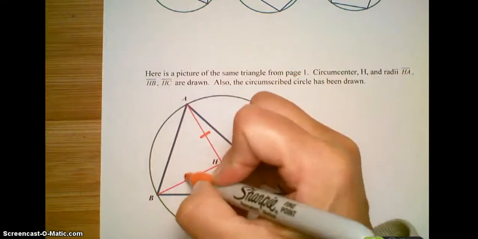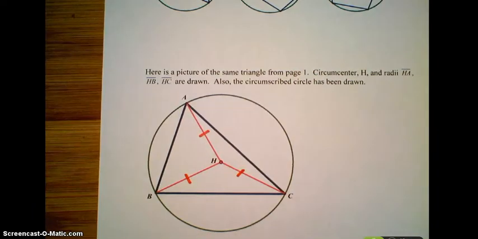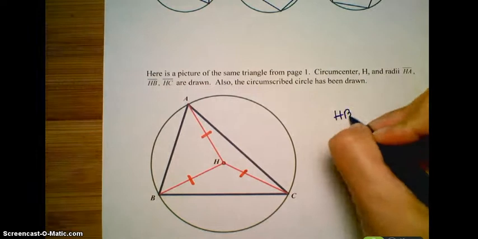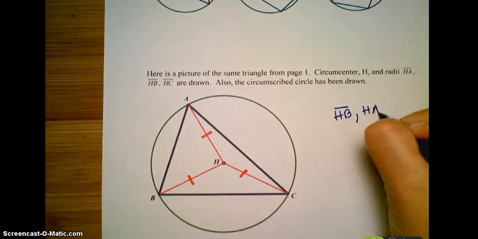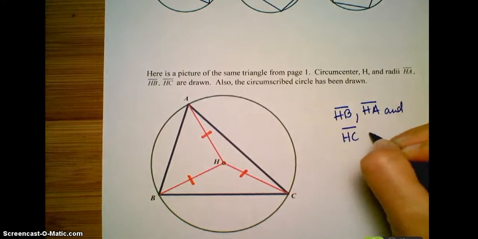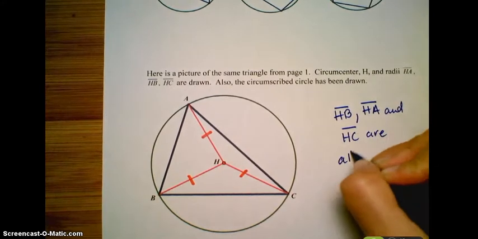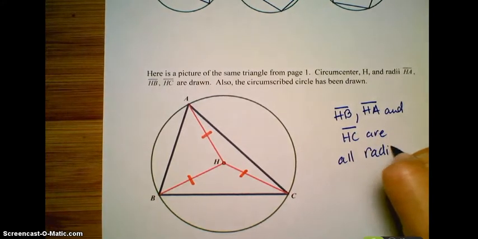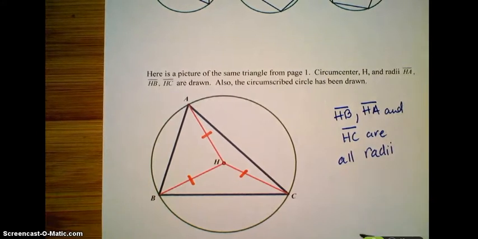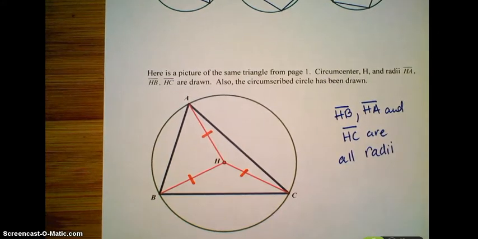Let's mark these equal. Let's make a note on the side that segments HB, HA, and HC are all radii. It's mentioned up here, but it's good to have a bigger note that you can see. So let's move on to page 3.